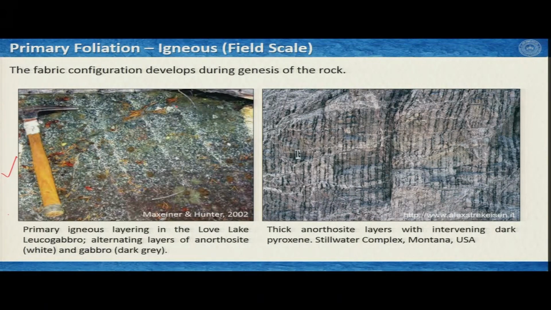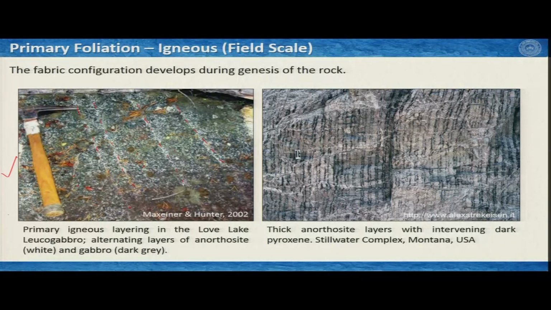So, these white lines that you see here, which are repetitive, occur in the field penetratively. These white things are anorthosite, and all these dark things that you see as the host rock are gabbro.